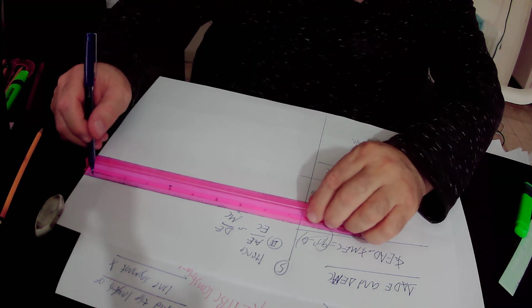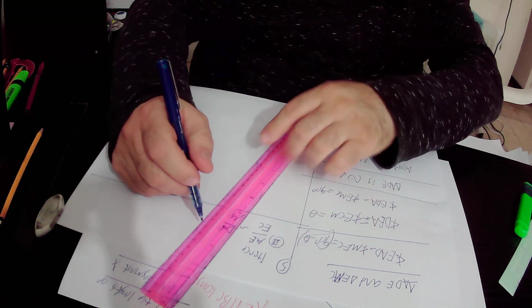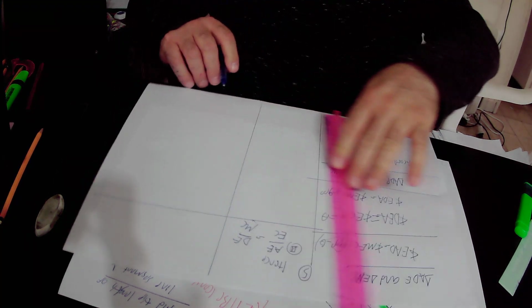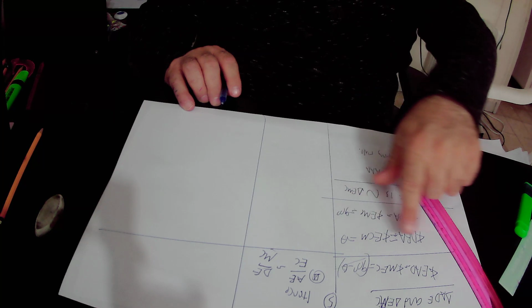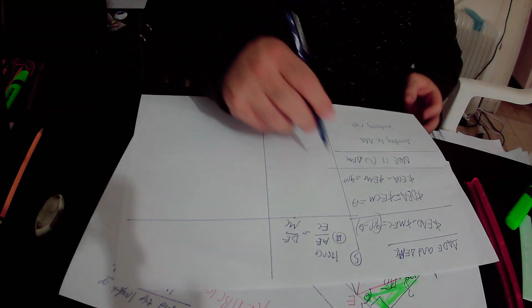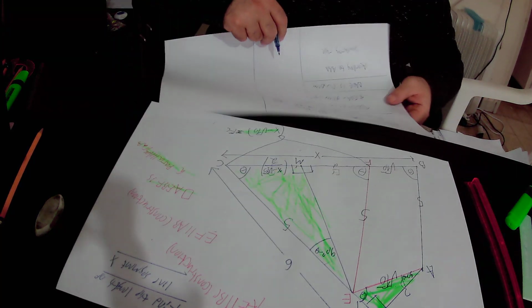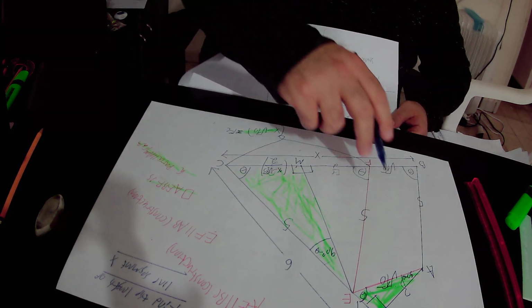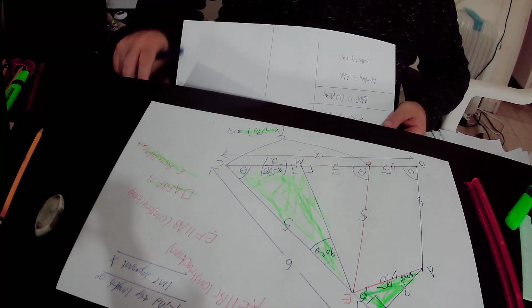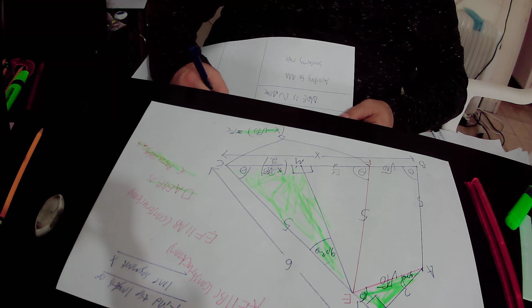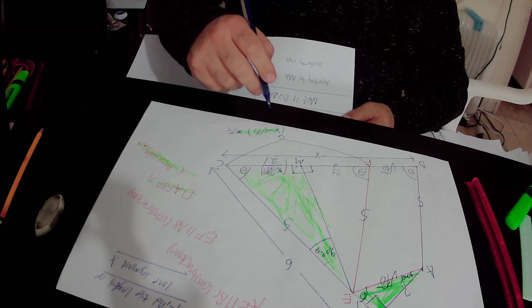I'll repeat again. From the fact that triangle ADE is similar to triangle EMC, we conclude that AE over EC equals DE over MC. So according to equation number 2, AE equals square root of 10 units, so we substitute AE by square root of 10 over EC.